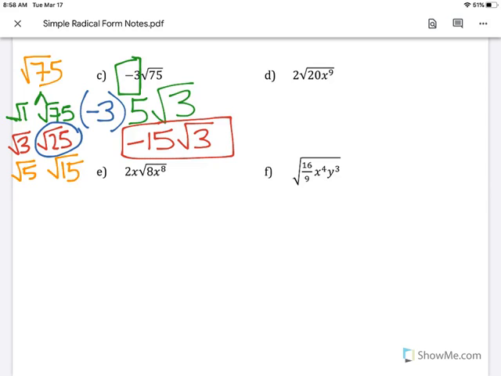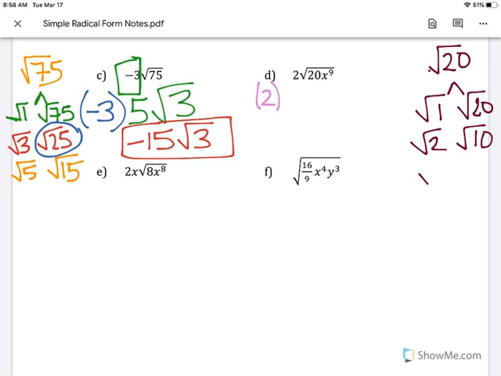Okay, part D starts us off with a number out in front of the radical, so again, before we forget about it, we're just going to bring it down, put it in parentheses so we remember to multiply it with whatever number we take out. Then we're going to list all of the factors of radical 20 until we come up with the largest perfect square that's going to go into radical 20.